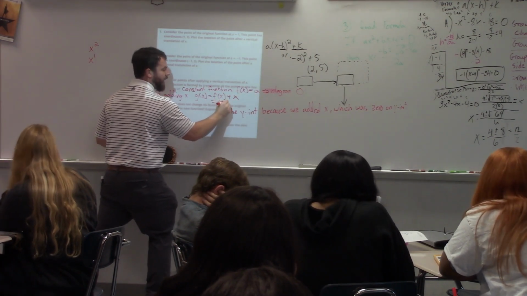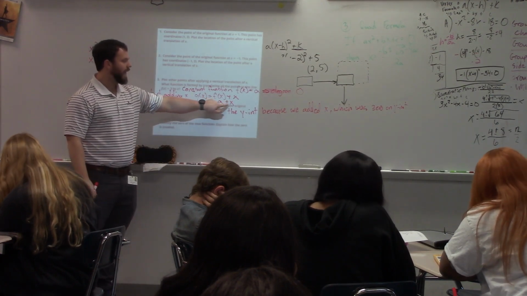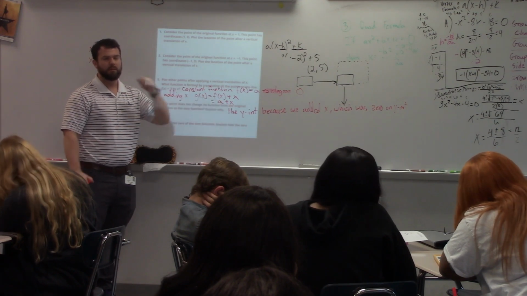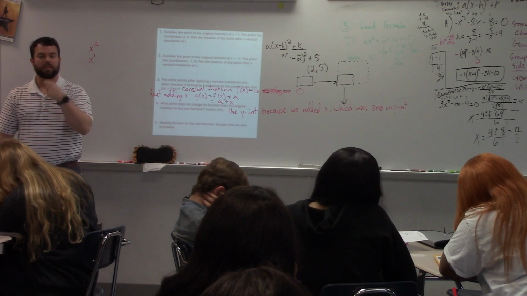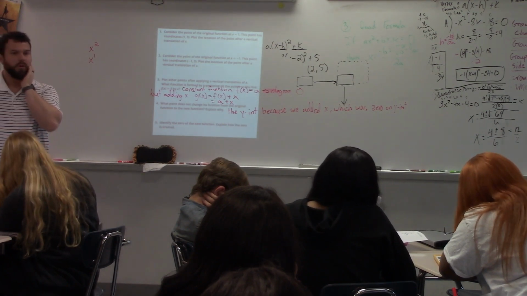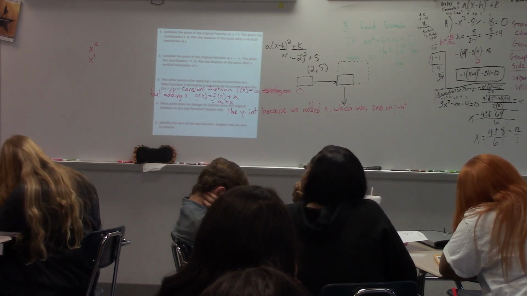Or that means we had a plus x. So we had a 0th degree, we added a, what degree would this be? First degree. So now we have what type of function? A first degree.